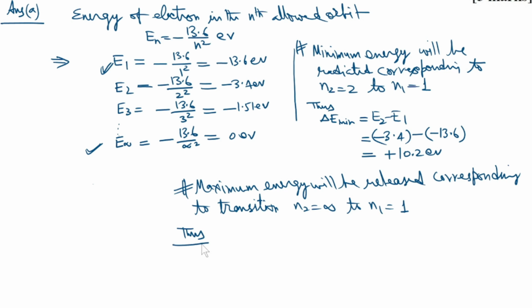Thus, delta E max equals to E infinity minus E1, and this is equals to 0 minus 13.6, and this is equals to plus 13.6 electron volt.